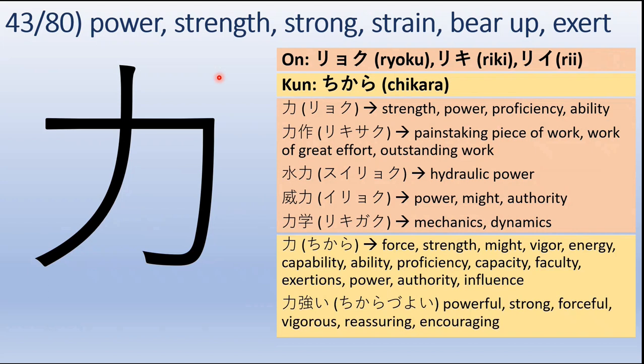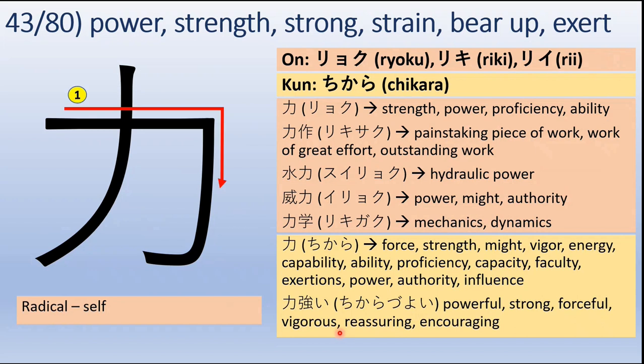In kunyomi, we have chikara, which means force, strength, might, vigor, energy, capability, ability, proficiency, capacity, faculty, exertions, power, authority, and influence. Then we have chikara tsuyoi, which means powerful, strong, forceful, vigorous, reassuring, and encouraging.